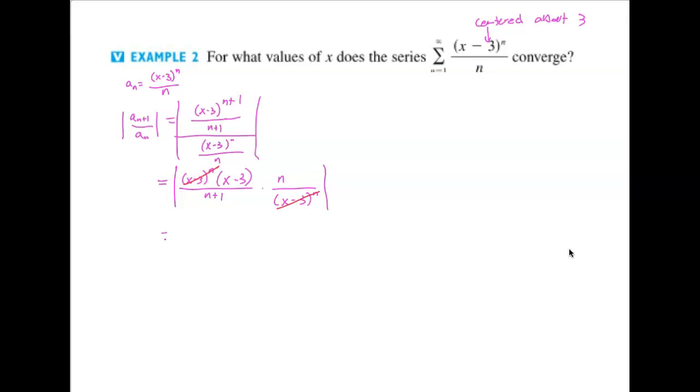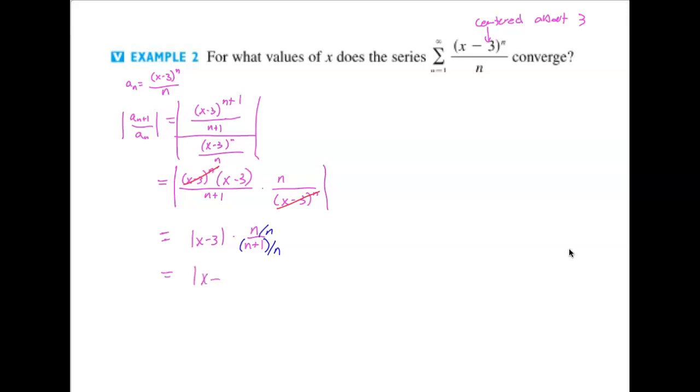And then we have absolute value of x minus 3 times n over n plus 1. I only need the absolute value around x minus 3 because the n's are all positive. We're going to be looking at the limit as n approaches infinity. So what I want to do here is divide numerator and denominator of this by n.